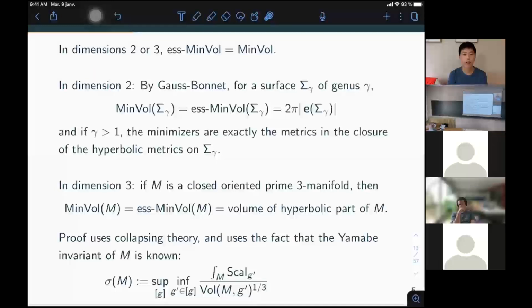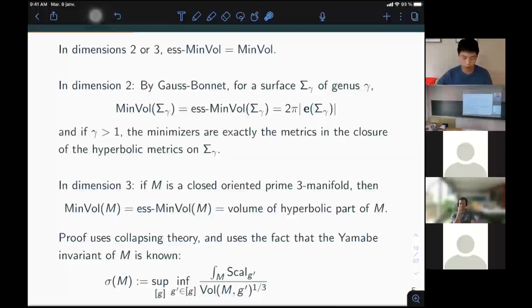You can check that fact by using collapsing theory that I'm going to talk about later, and the fact that the Yamabe invariant of M is known in that case. There's a lot known in dimension 3, and in particular this Yamabe invariant is known due to the work of Perelman, and it was observed by Anderson.